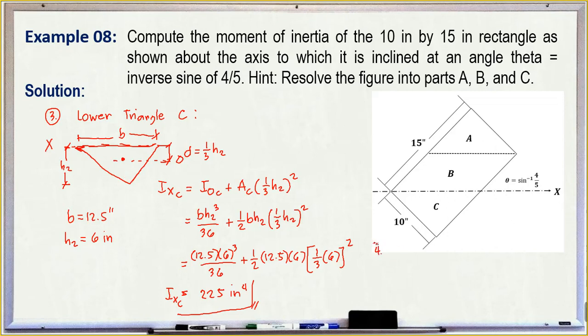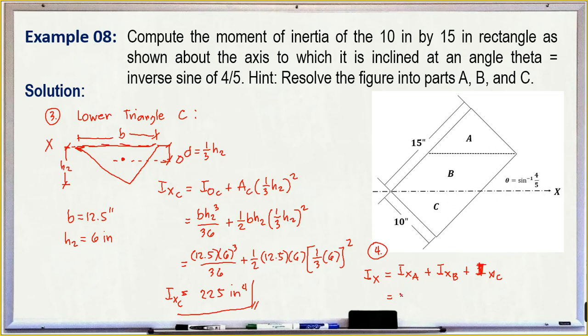So the last step is to sum up these moments of inertia. The total Ix is the upper triangle plus the parallelogram plus the lower triangle.